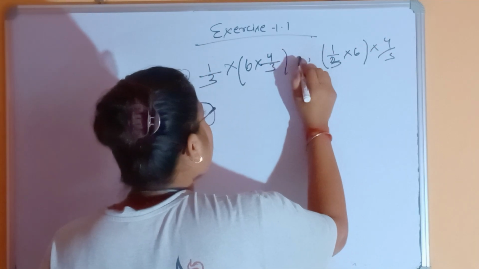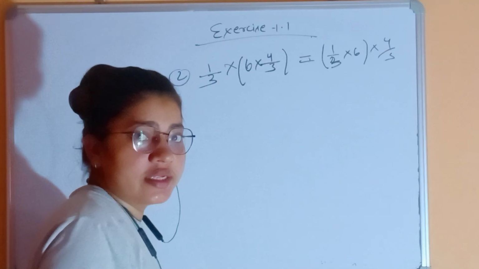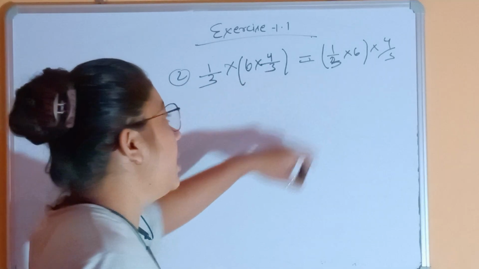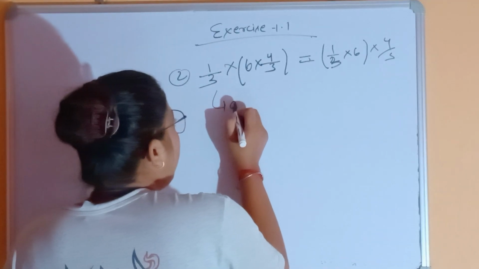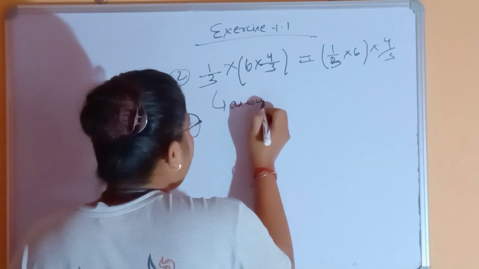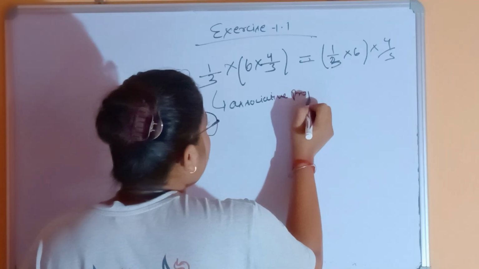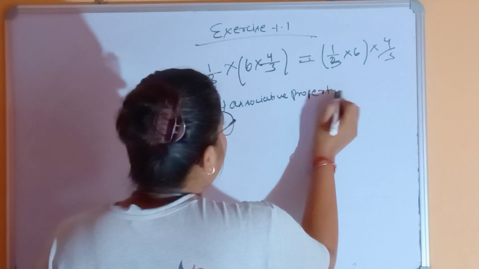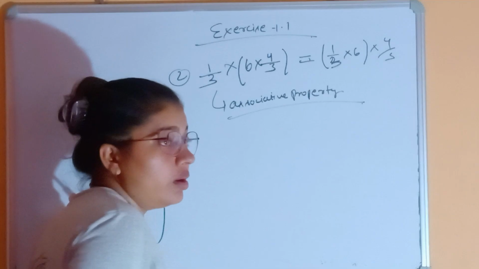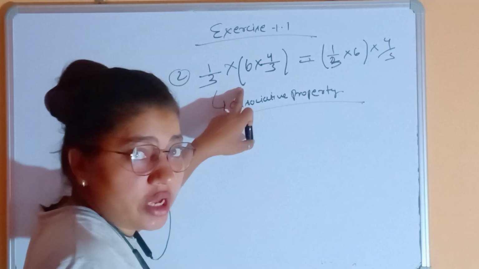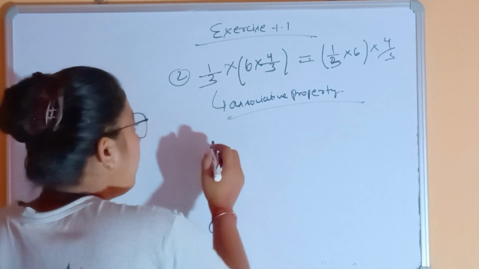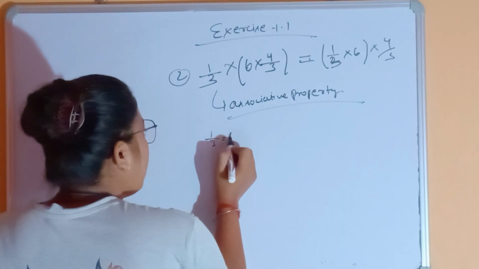Here we can easily understand which property it is: the associative property. In the associative property, the examples use rational numbers, because here 1 by 3 is a rational number.